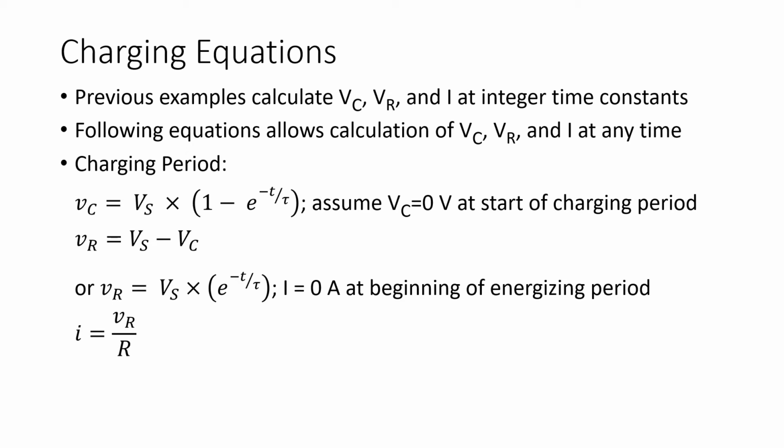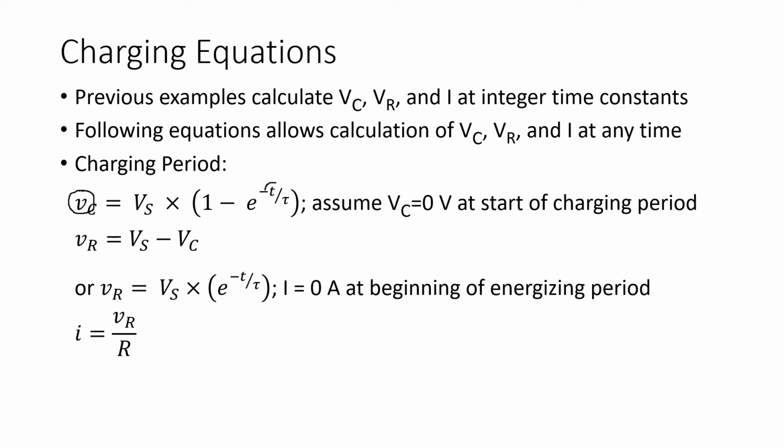So the equations shown below provide us with a means of calculating the capacitor voltage at any time. So looking at the first equation, vC equals V source times 1 minus e to the negative t over tau. Note first that the capacitor voltage is symbolized with a lowercase letter v, which stands for an instantaneous quantity.